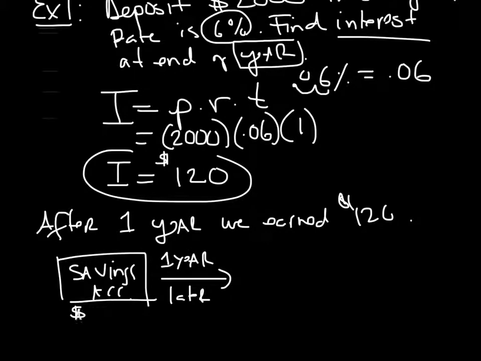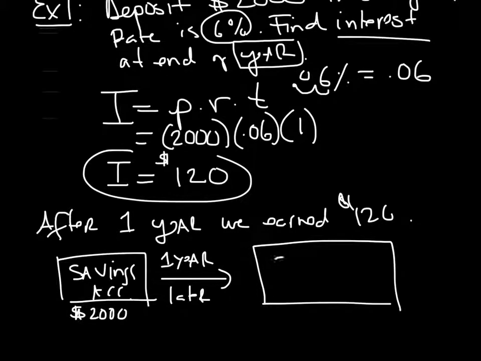Well, we started with $2,000 and we ended up with 2,000 plus $120, which is not bad for having your money just sit there. We just add these up, so we're left with $2,120.